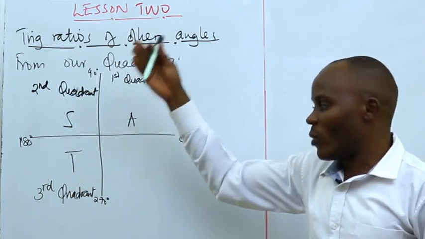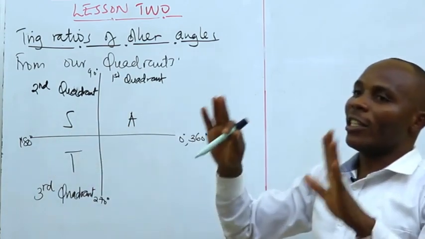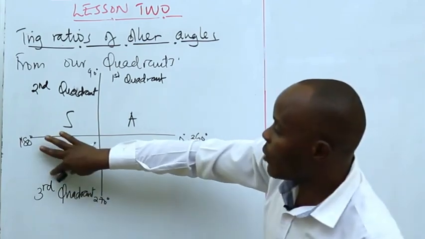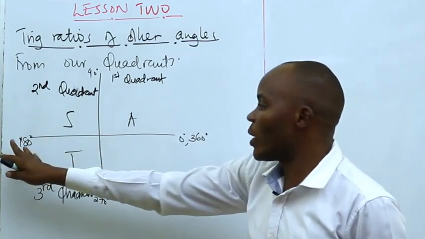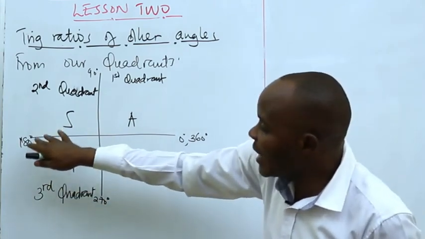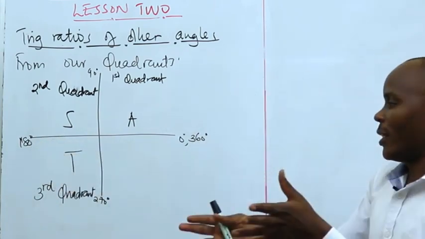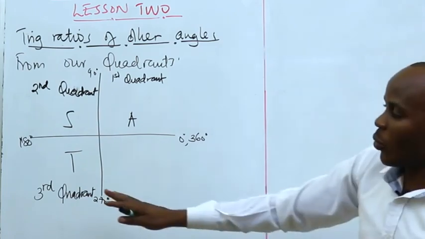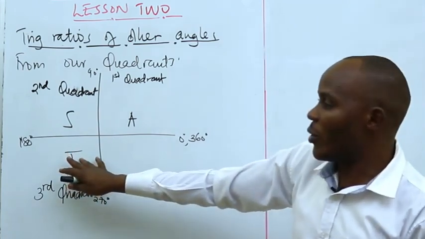I can also use 210. Sine of 210 degrees is also negative here. We are talking of angles between 180 and 270. But the tan of 210 or 240 gives you a positive value.